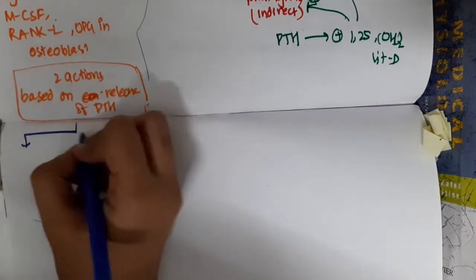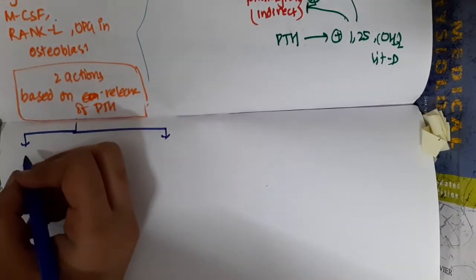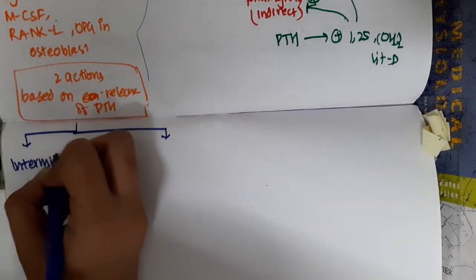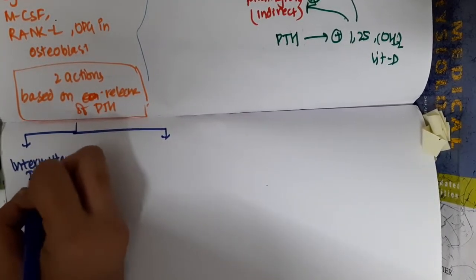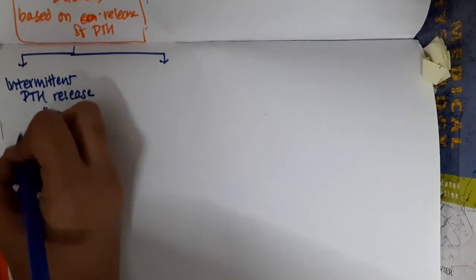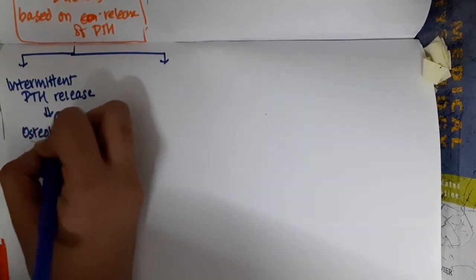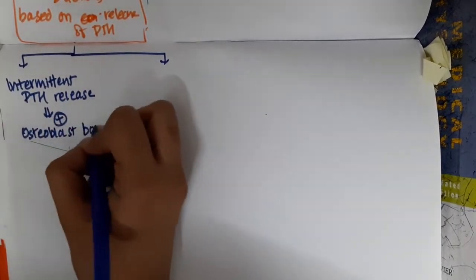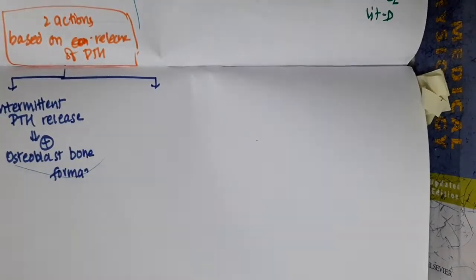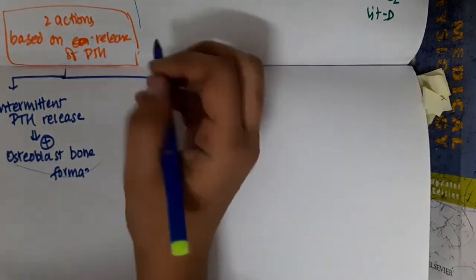The first action is if there is intermittent parathormone release. Intermittent parathormone release will promote osteoblastic bone formation.